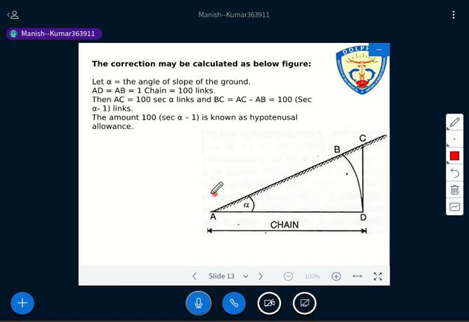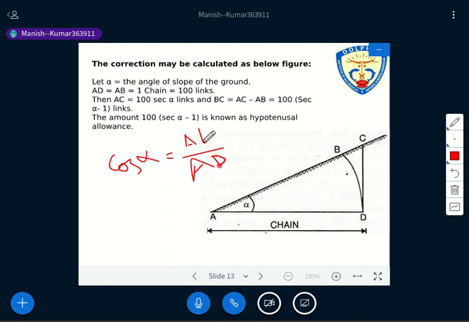Again the trigonometrical ratio can be used there. The ratio of base and hypotenuse is cos alpha, as you people already know. So cos alpha will be AC by AD, right?